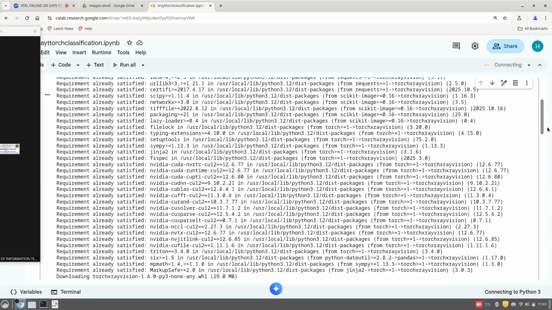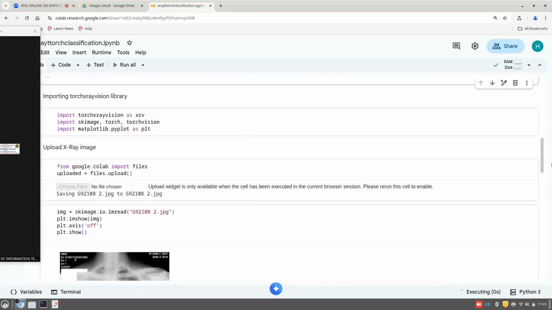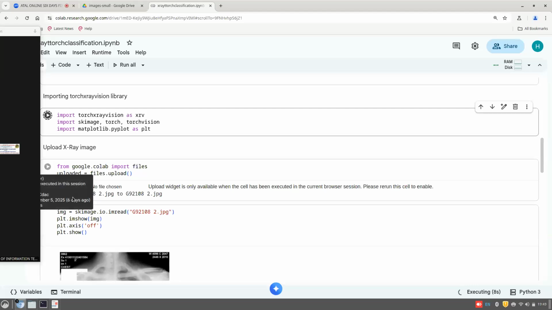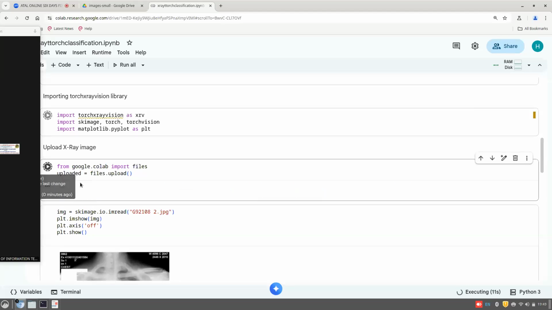Once you have installed this library, you can import models from it, which are the pre-trained models, and also I can import X-ray images.